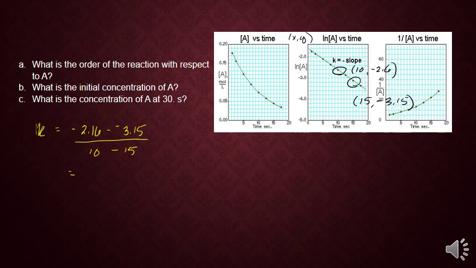I'll go ahead and calculate this out. So I end up with a slope of negative 0.198. Now I'm ready to finally solve this problem. Well, let's see, we needed ln of the natural log of A, that's what we're solving for, equals negative kt plus the natural log of A sub 0.